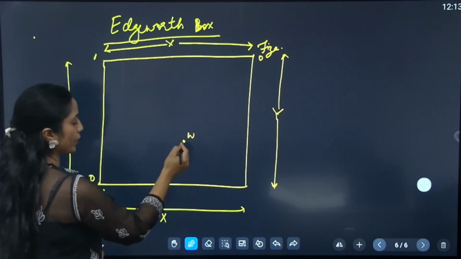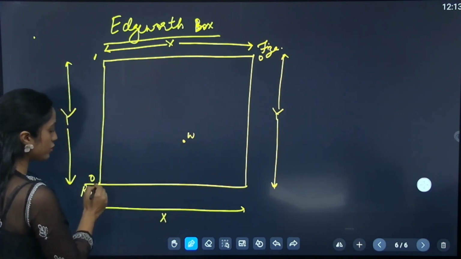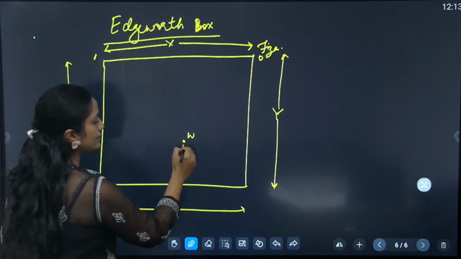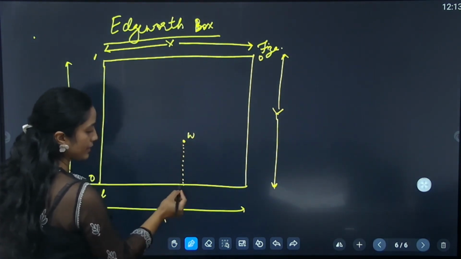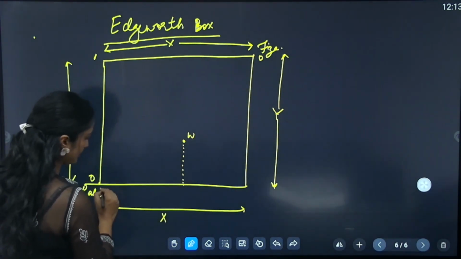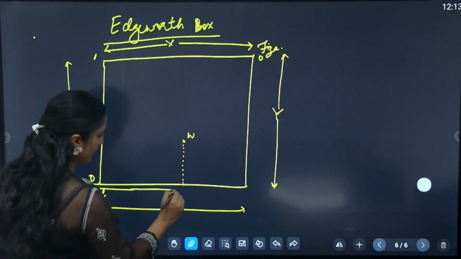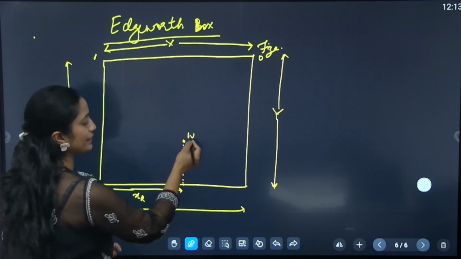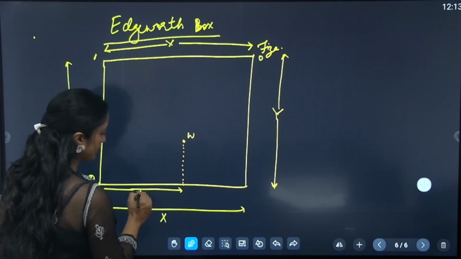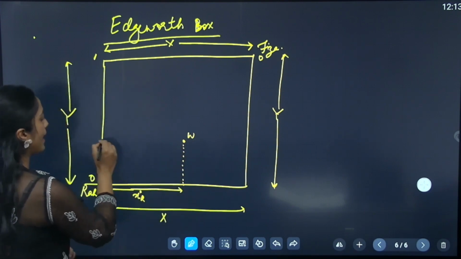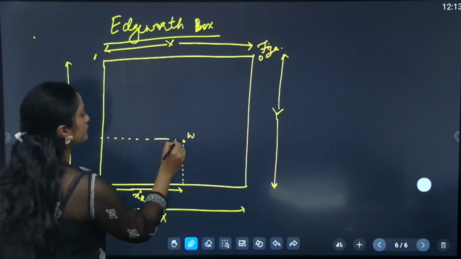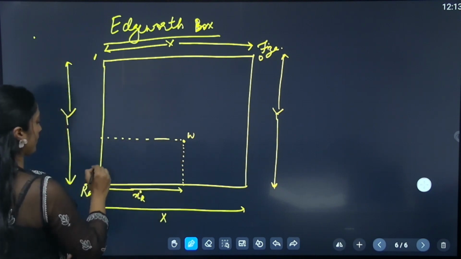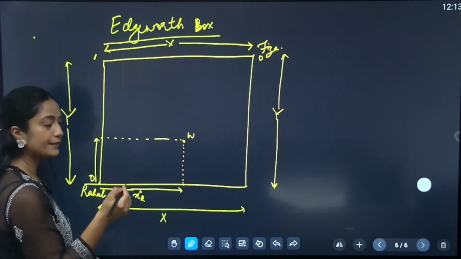If we are at this point, that means Rahul's bundle is what? This is the amount of x that Rahul has, right? So this is the length of xr. If this is the initial bundle, then this is xr naught, correct? And this is the amount of good y that Rahul has.